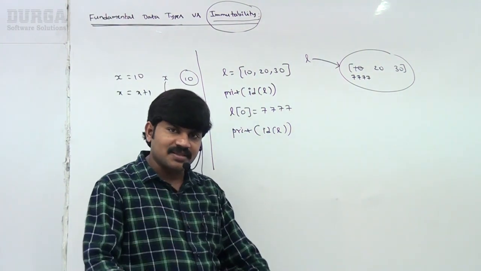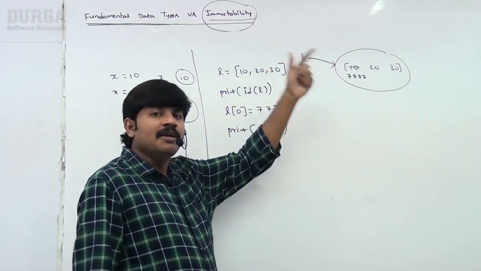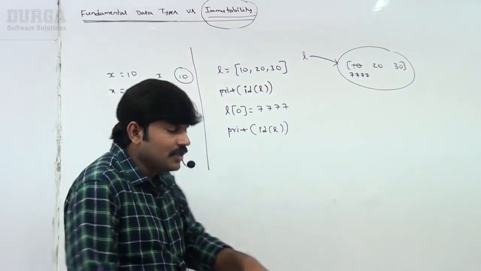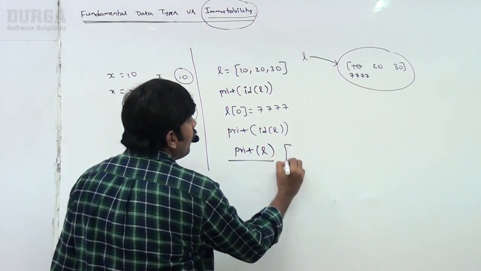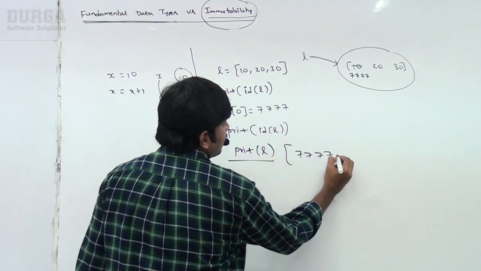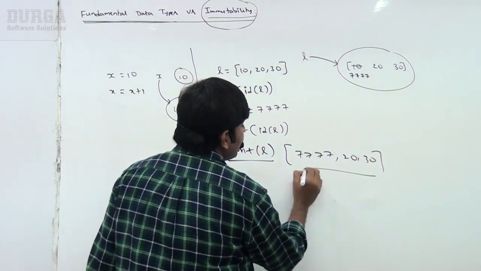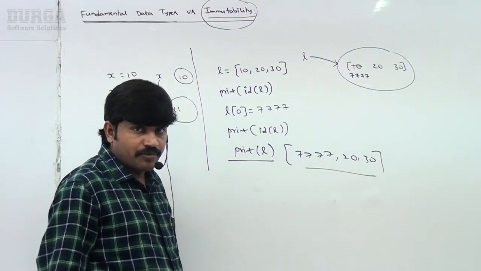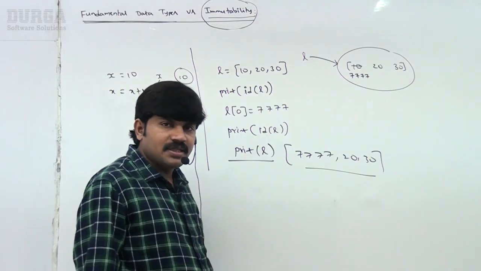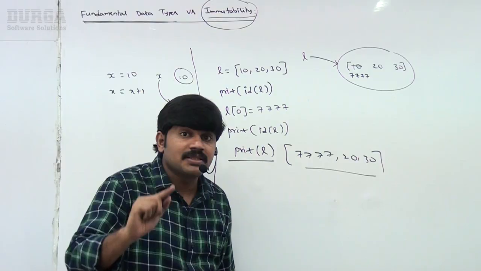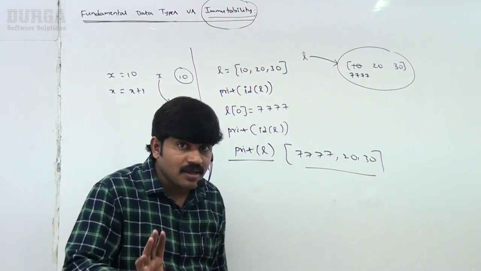Both are the same because the modification happened in the same object only. If you want, you can print the modified value of L, and we get the modified value 7777, 20, 30. That is clear practical proof. All changes happen in the existing object only, not in a new object.